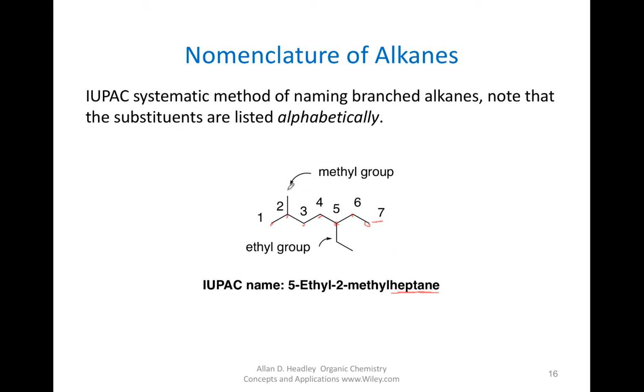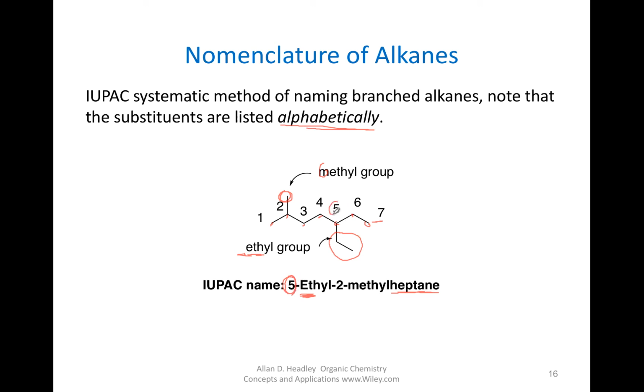And the groups on this longest chain would be a methyl and an ethyl, because that's 2 carbons, so ethyl for 2. So now we have an ethyl and a methyl. We list them by alphabet. Since E comes before M, this goes first, and of course we indicate where that ethyl is.